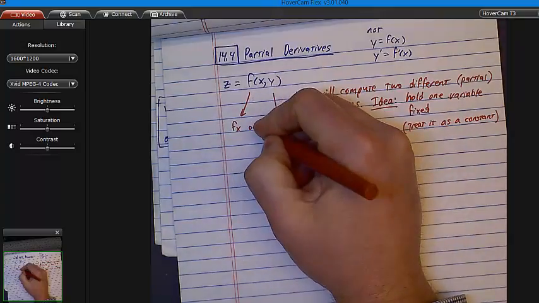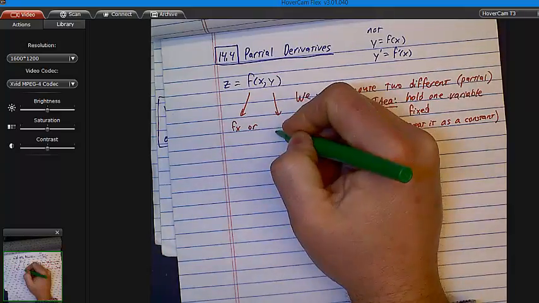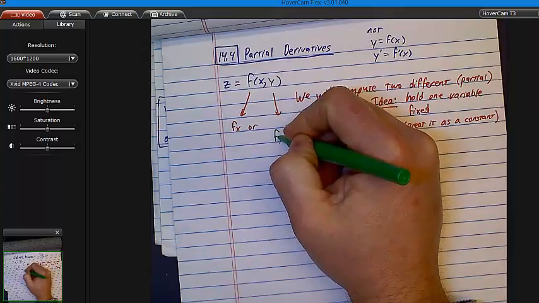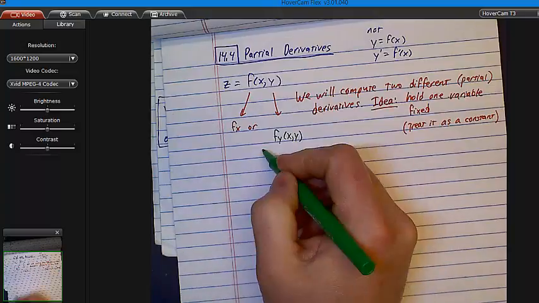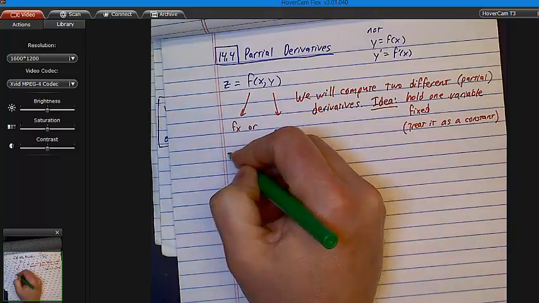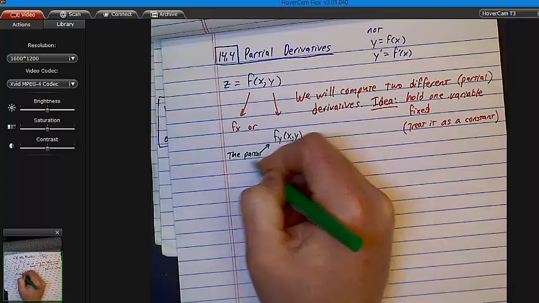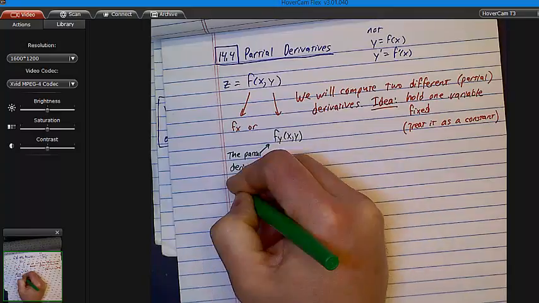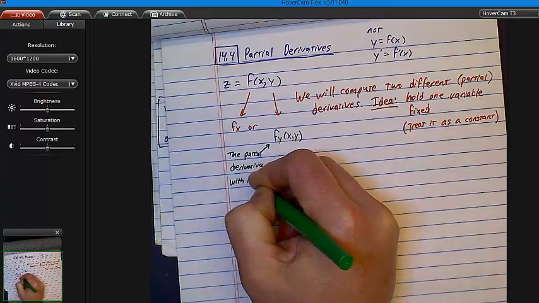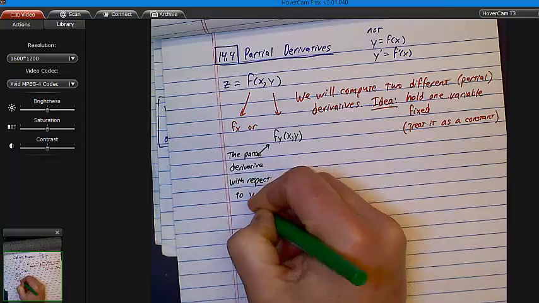Or, and for this one, maybe I'll go into a little more detail on the notes, since we already saw the picture of fx. How about fy of x y? Okay, so again, this is the partial derivative with respect to y.